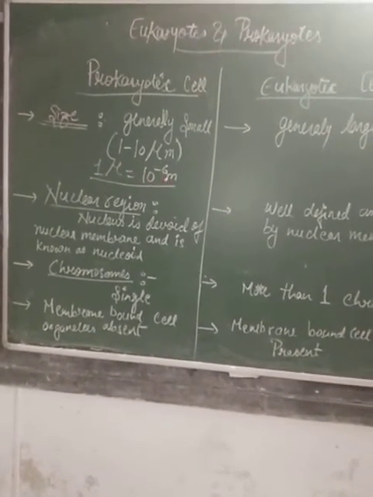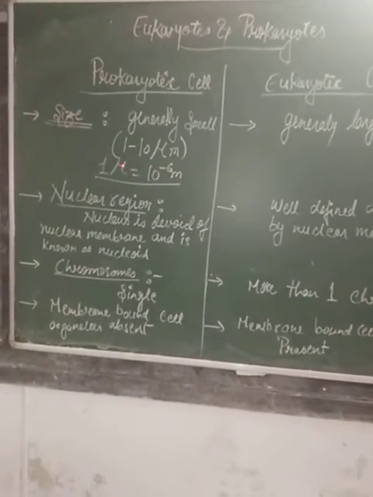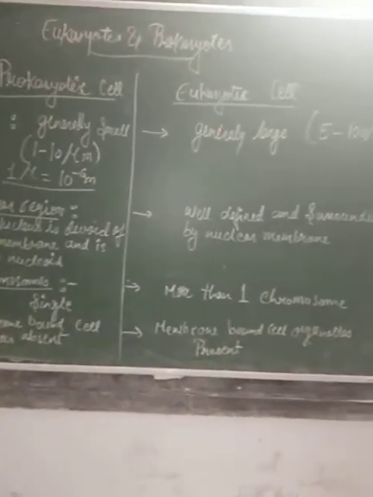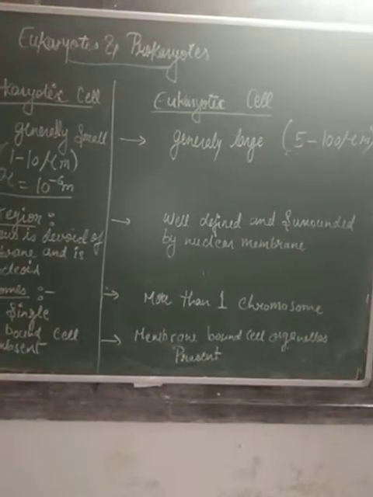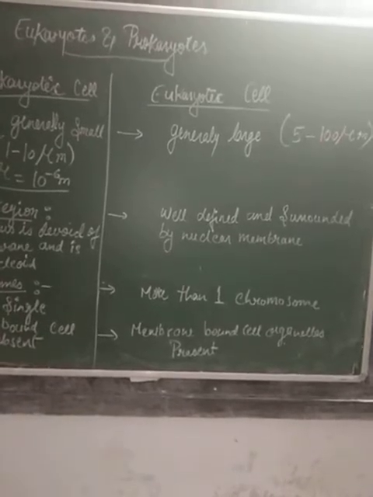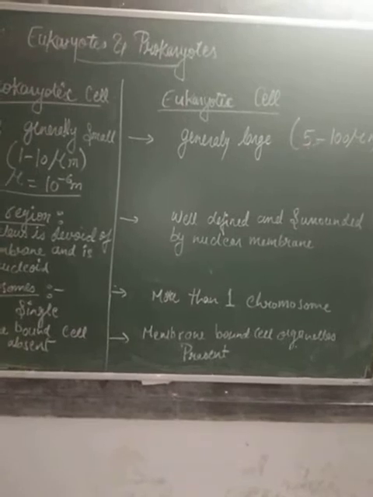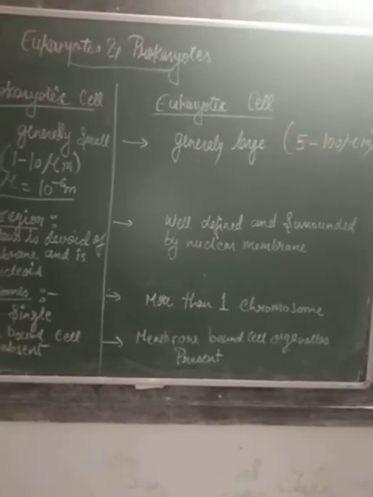In the eukaryotic cell, cells are generally larger, varying from 5 to 100 micrometer.